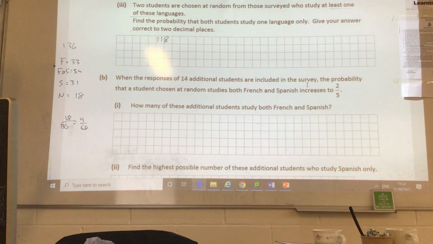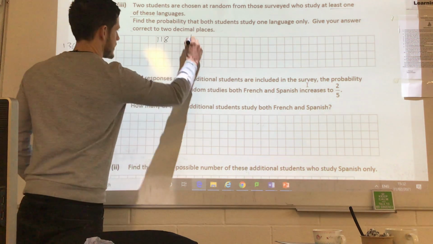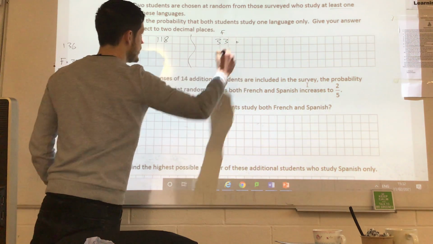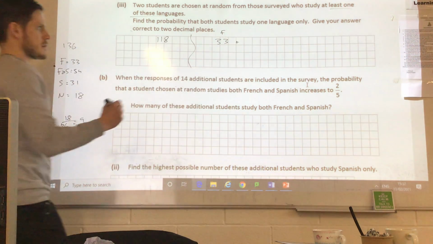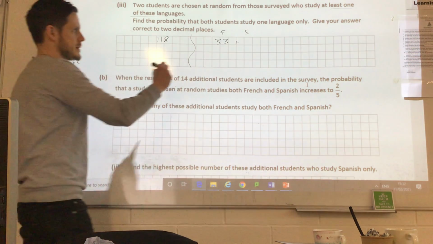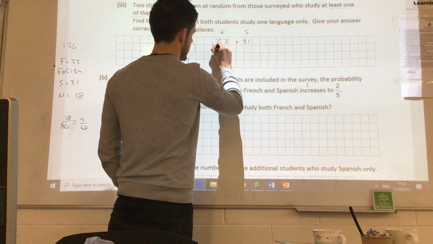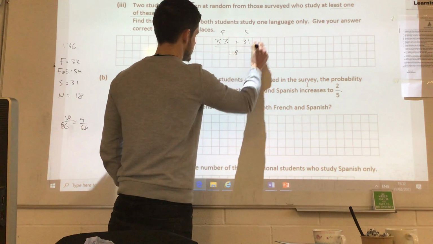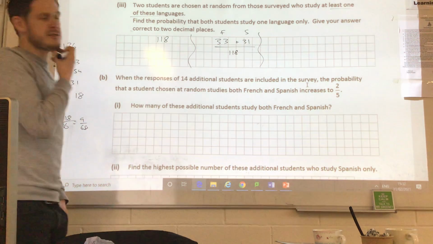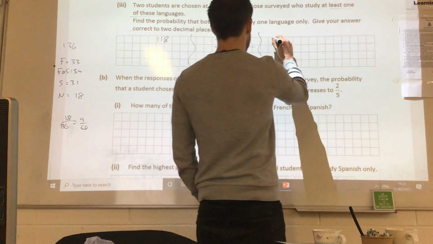If you look here, this gives us some indication of who studies what. So this is French. 33 people study French only. They're only allowed to study one language. So Spanish is the other option. 31 people study Spanish, all over 118 people in total. When we do that, we get 64 over 118.